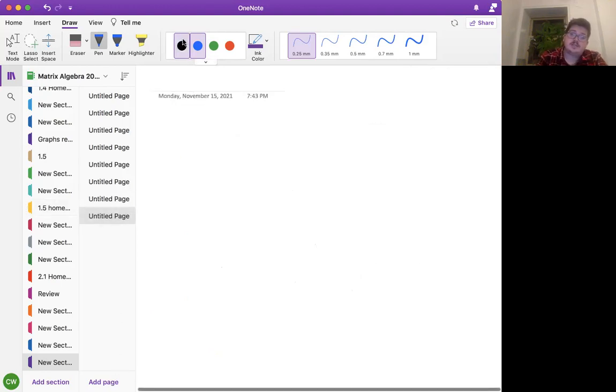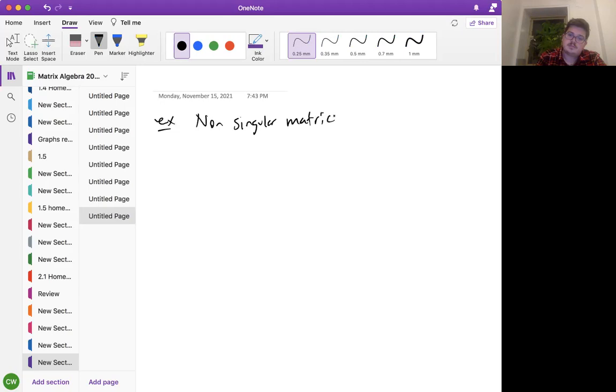We can even do one more, actually. Let's take non-singular matrices, and let's let our function be the plus function. Is this closed? Not necessarily. Why not?